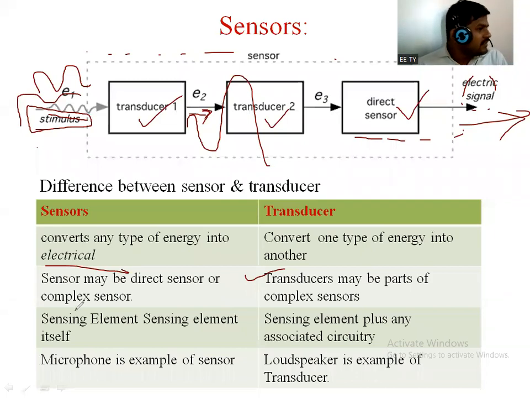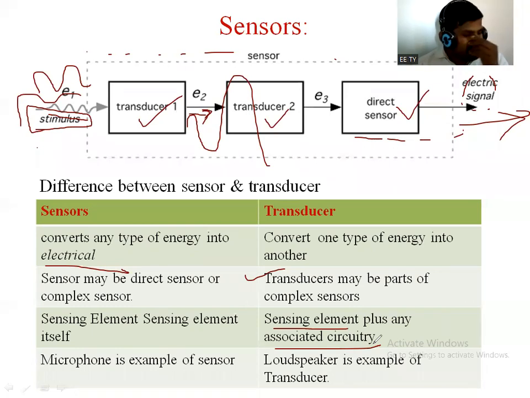That means whatever element is there to sense is the sensing element itself. Here the sensing element plus any associated circuitry is required, right? So we require one sensing element and some extra or associated circuitry to sense that. It is one complex type of sensor.